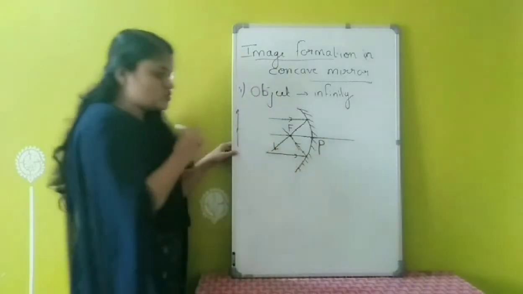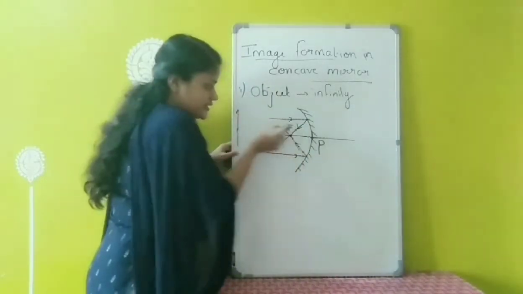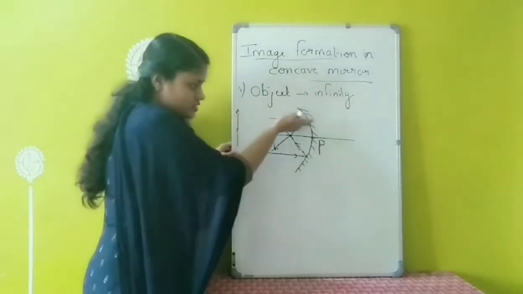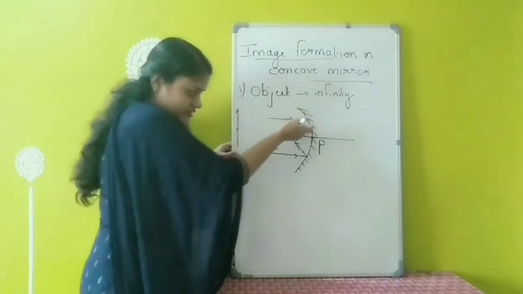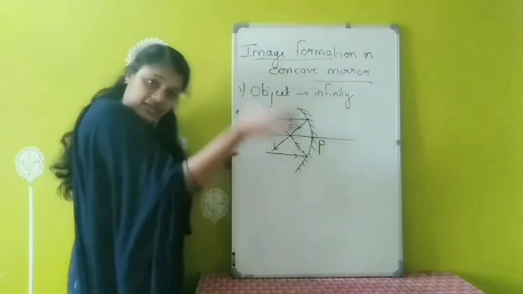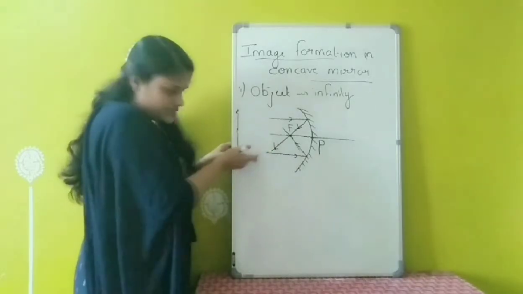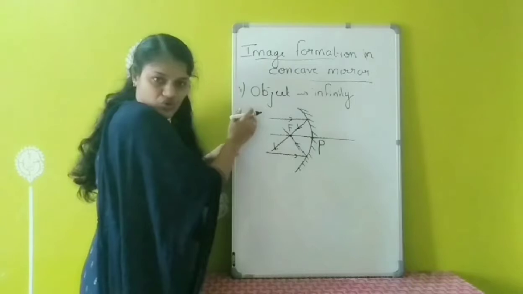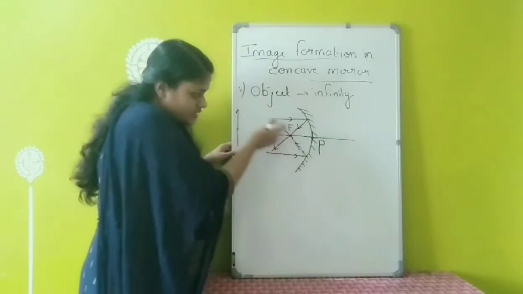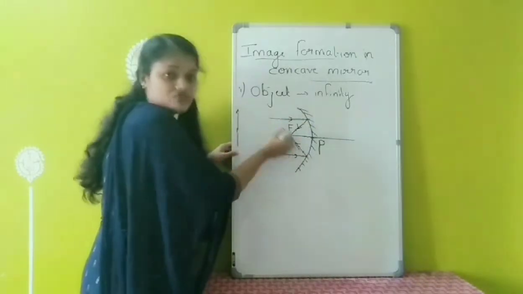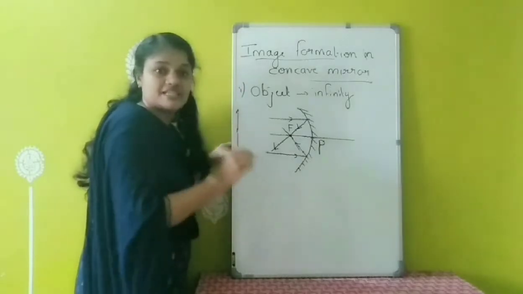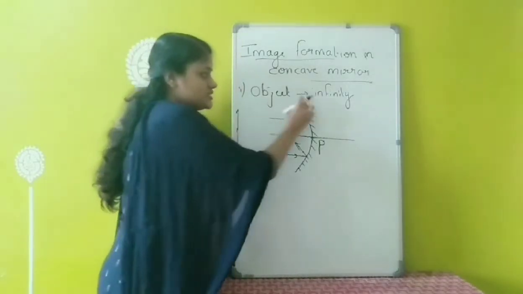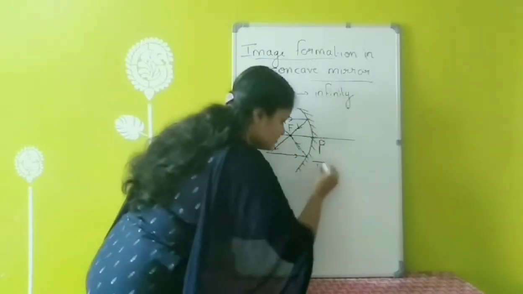So here one light ray passes parallel to the principal axis and after reflection passes through the focus. Similarly, another light ray coming from the object, parallel to the principal axis, after reflection passes through the focus. So we can see that both the light rays are meeting at a point, that means the focus. That means we are getting the image at focus. So whenever the object is at infinity, the image will be at focus.